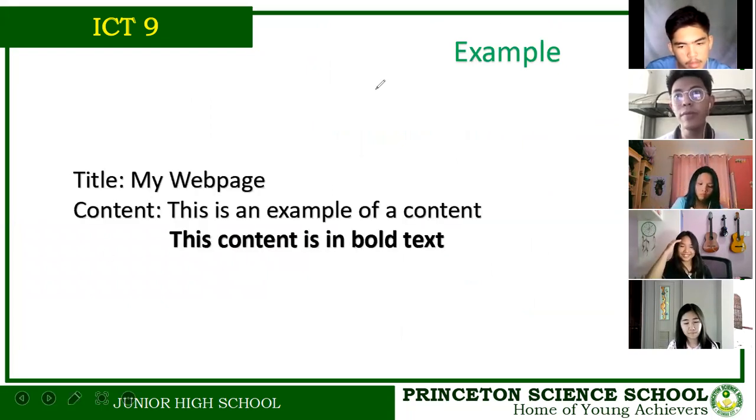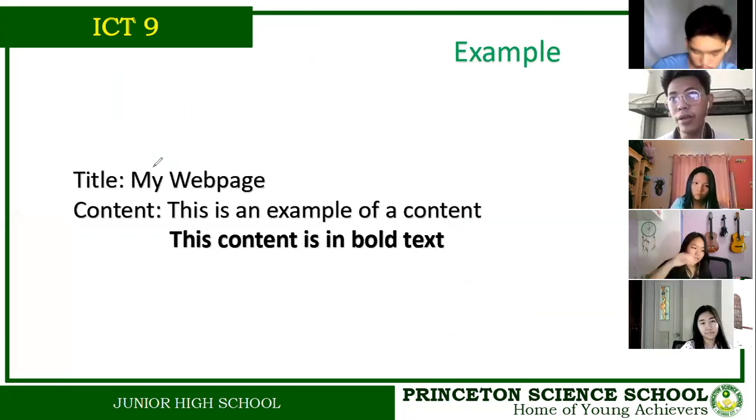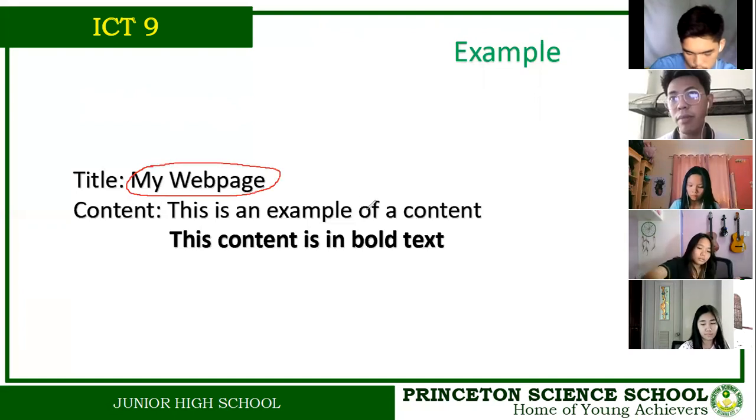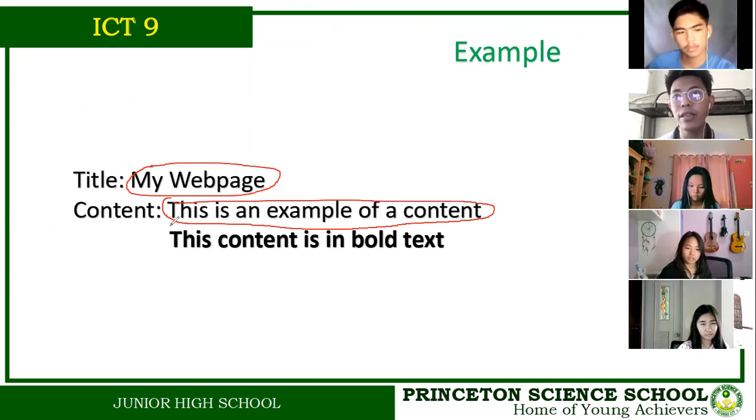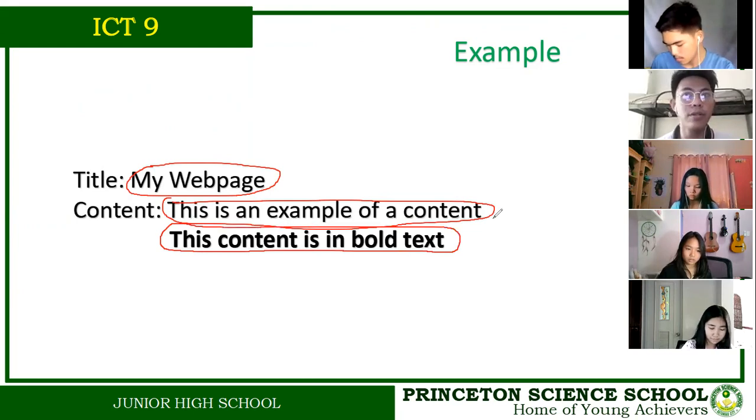Make a web page or construct an HTML code where the title of the web page is my web page. Then the content is, this is an example of a content, and this content is in bold text. You may start now.